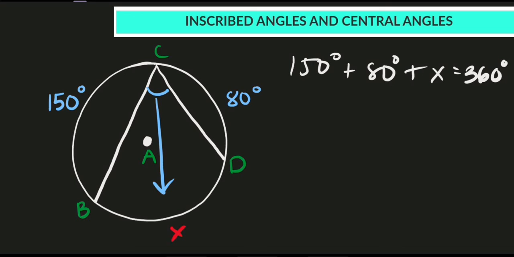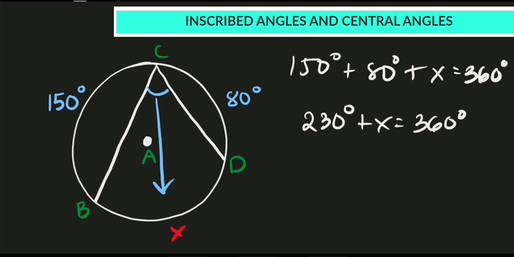Now, let's simplify this one. Let's solve for the value of x and then divide this by 2 to solve for the value of angle C. Again, we have 150 plus 80, that is equal to 230. So 230 degrees plus x equals 360 degrees.